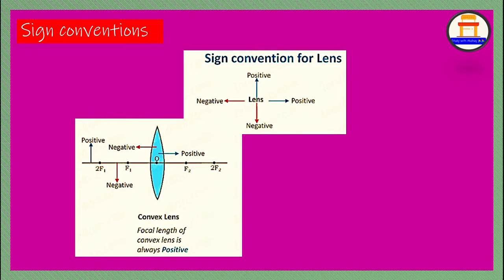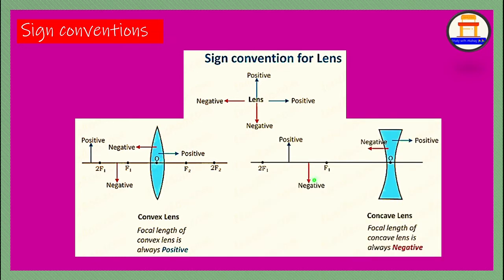Next, let's move ahead with a concave lens. For a concave lens also, object distance is negative. See, the object is placed over here. Basically, the length of the object is positive, whereas the distance is negative. For a concave lens, the image will be formed over here only, either at the focus or between focus and optic center.